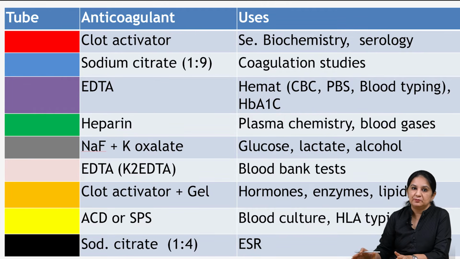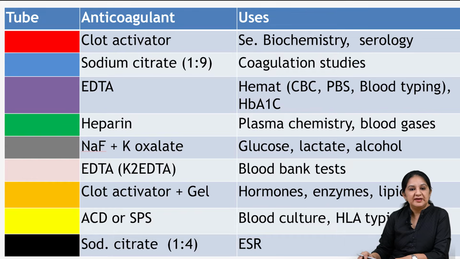Purple, we all know purple or lavender, it is EDTA, for all your hematology tests and the HbA1c as asked in this question. Heparin, green, used for plasma chemistry and blood gases. Grey is sodium fluoride plus potassium oxalate used for glucose. For glucose you will use a grey vacutainer, for HbA1c use a lavender vacutainer.